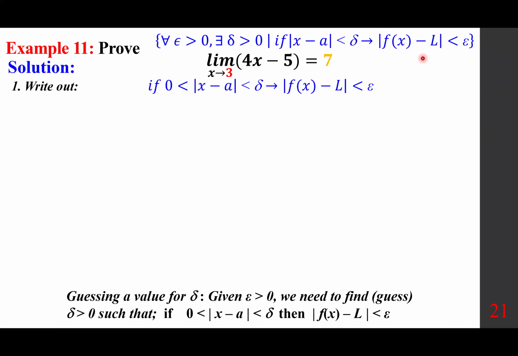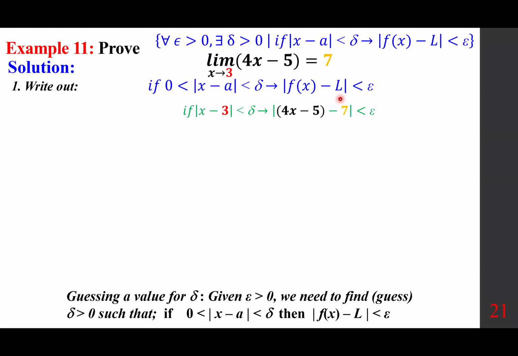Write this as absolute value of x minus a, which is 3, less than delta. Therefore, f of x, which is 4x minus 5, so I replace the f of x with 4x minus 5 minus L, which is 7, less than epsilon. So I start with that.